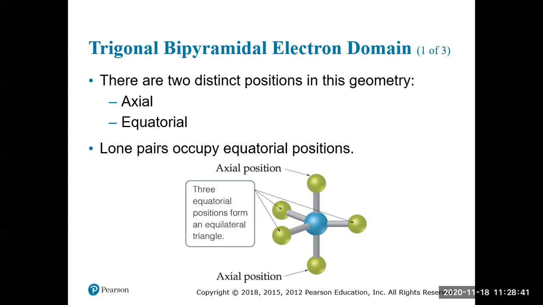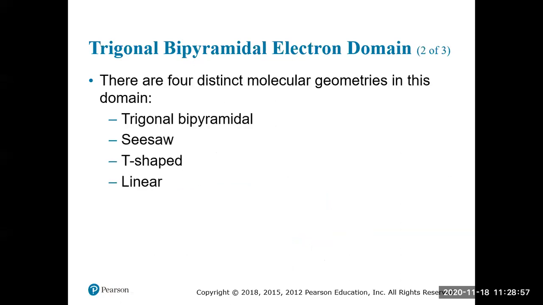So when we start looking at molecular geometries based on this trigonal bipyramidal electron domain configuration, if we have any lone pairs, they go on one of those equatorial sites. If we follow those rules, we'll see in a moment that there are 4 geometries you can have in this domain: trigonal bipyramidal, seesaw, T-shaped, and linear.